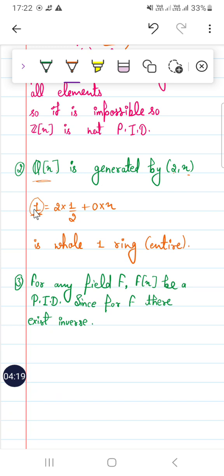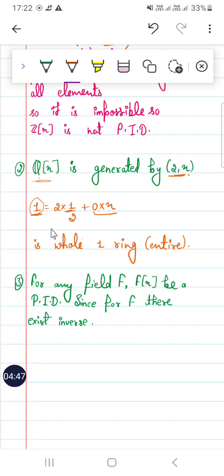Multiplying 2 by 1/2 gives 1, and x multiplied by 0 gives 0, so this term is 0 and this term becomes 1. So 1 generates the whole ring.